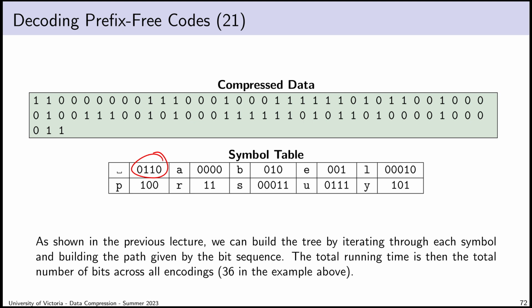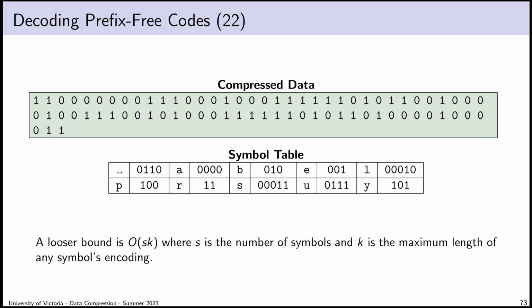So the total running time would be just one operation or a constant number of operations per bit in the table. So the total running time would just be the total number of bits in the table, the total number of bits across all encodings.